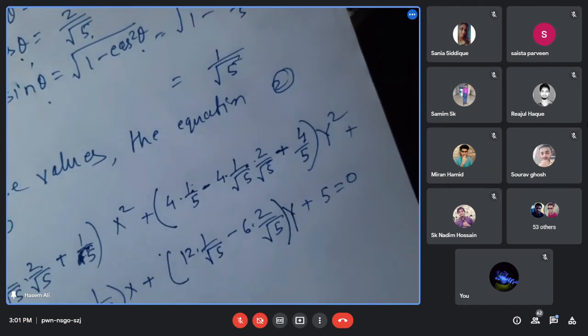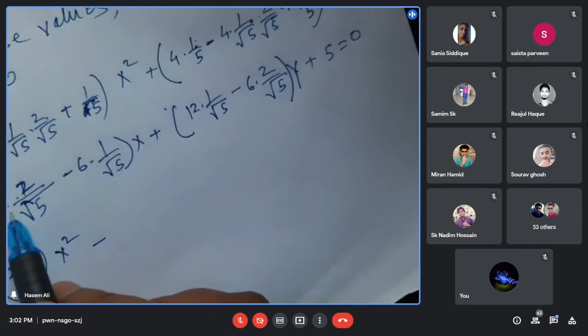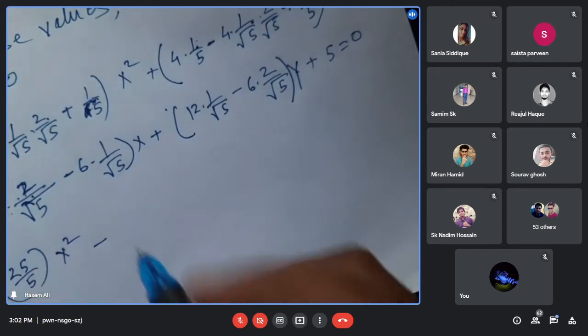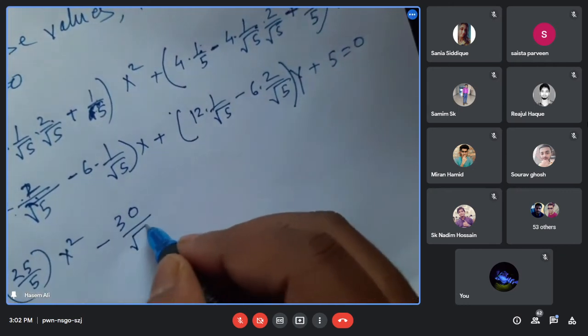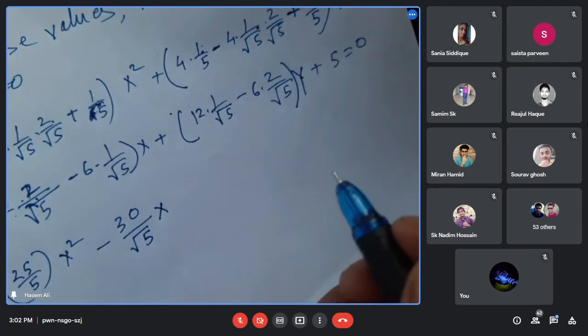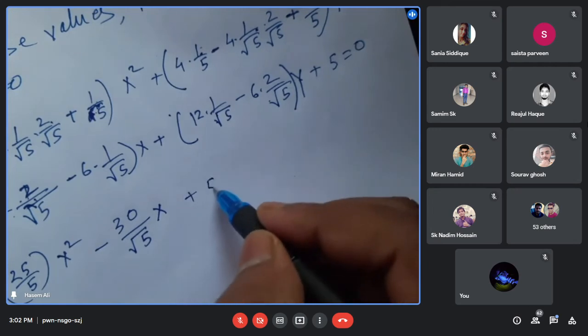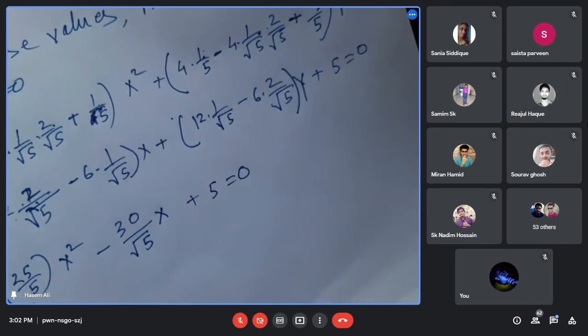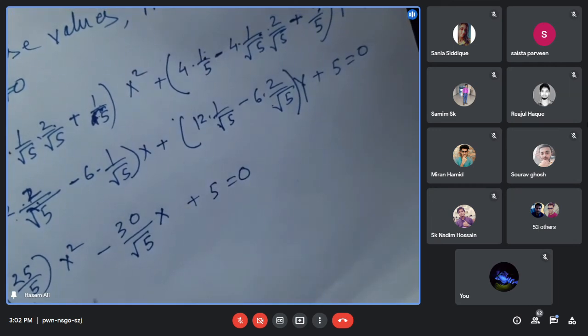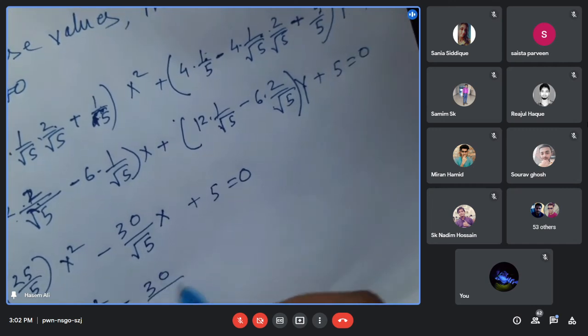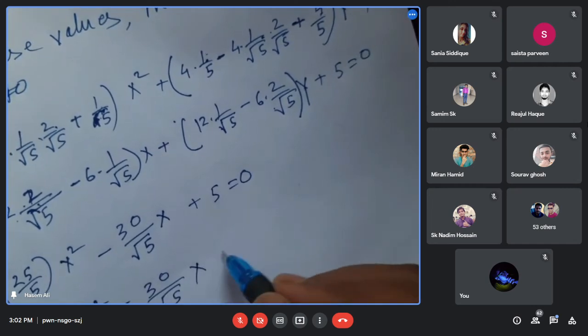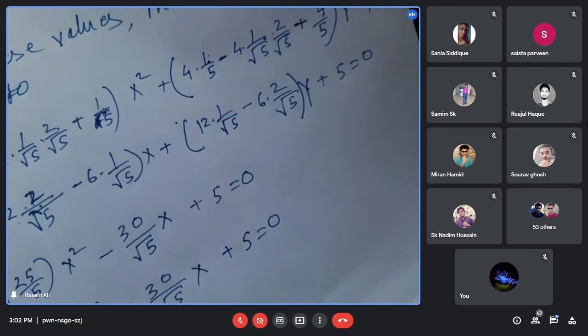Now, the coefficient of x: minus 24 minus 6, that is minus 30 by root 5, into x. And the y term is 0, plus 5 equals to 0. So 5x square minus 30 by root 5 into x plus 5 equals to 0.